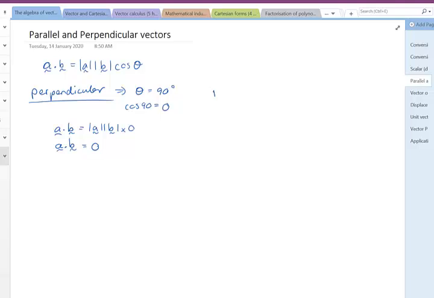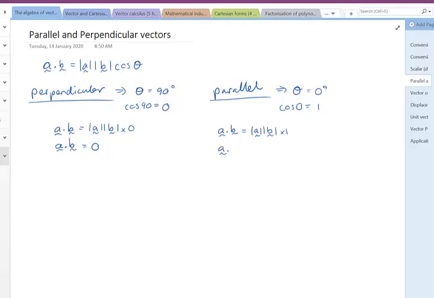When we look at parallel, we're looking at an angle in between which is 0 degrees. Again, that's important because cos of 0 degrees is 1. So the dot product of A and B, when parallel, will be the product of the magnitudes multiplied by 1.